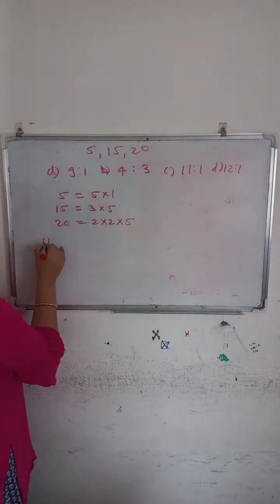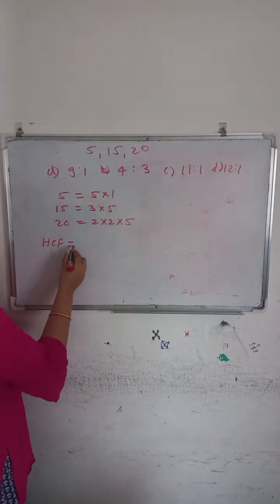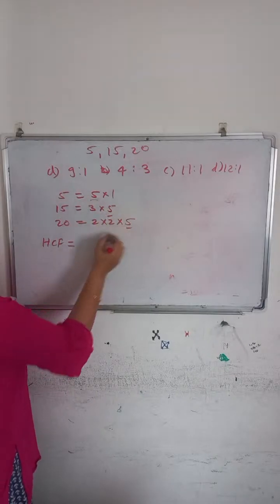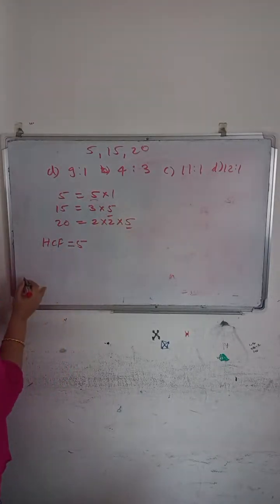So HCF, the highest common factor, is how much here? Only 5 is common.